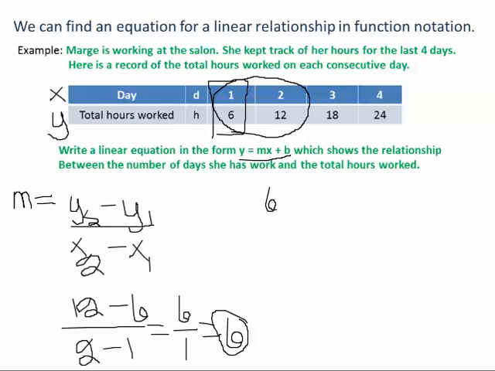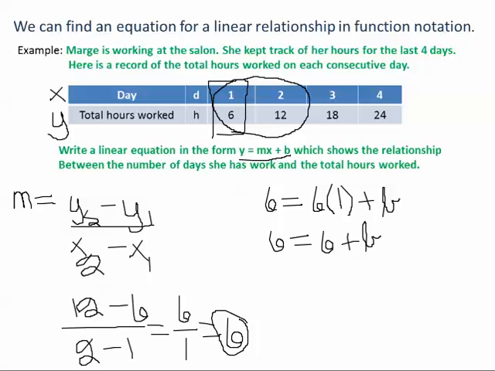I'm going to have 6 equals my m, which is my slope, which I found to be 6, times my x, which is 1, plus the b. The b is what I'm looking for, my y-intercept. So I have 6 equals 6 times 1 is 6 plus b.